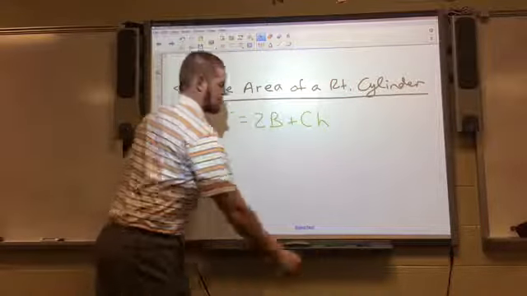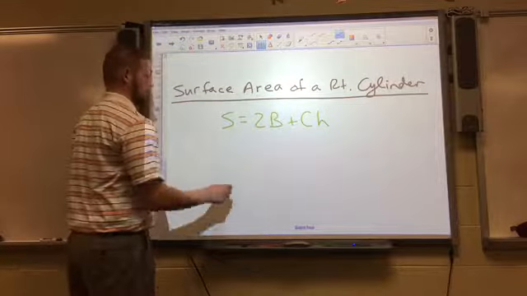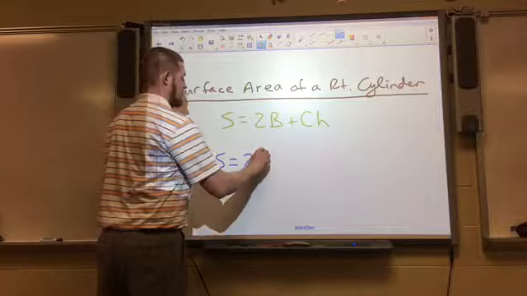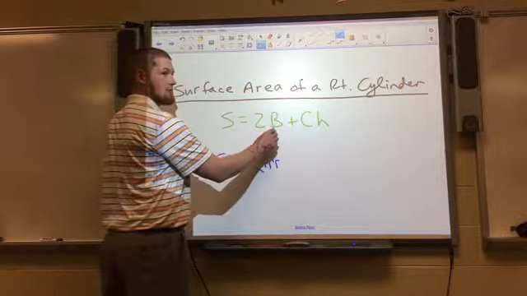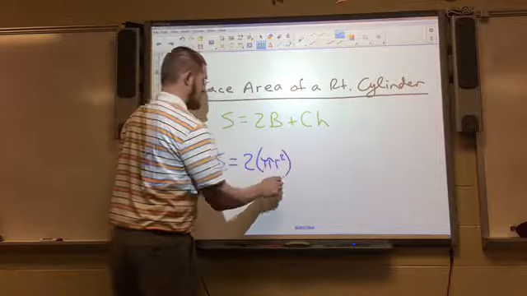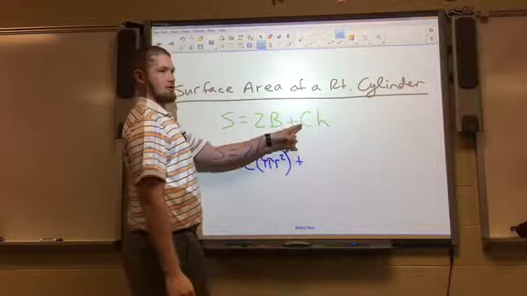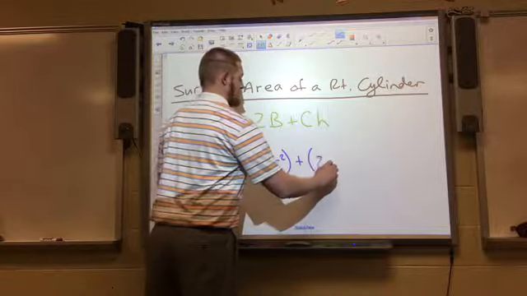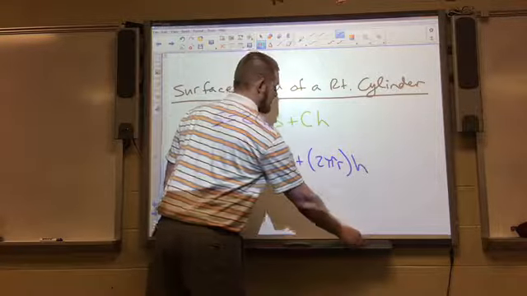Now, some people in the last couple classes wanted to write it out a little bit more specific, and I'm just fine with that. They said it's 2 pi r squared for the area of the base, plus, instead of circumference, they wrote 2 pi r times h.